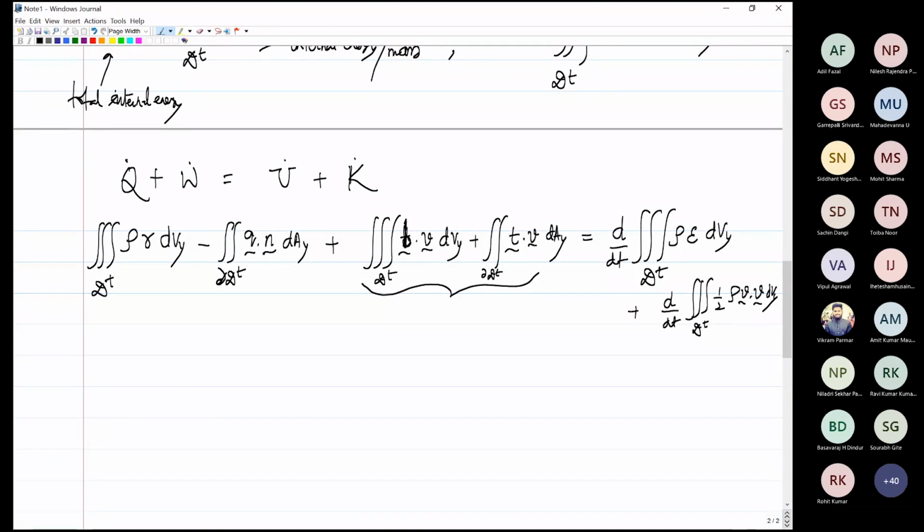Isn't this equal to the stress power, sigma double contraction d dVy, plus the rate of change of kinetic energy?